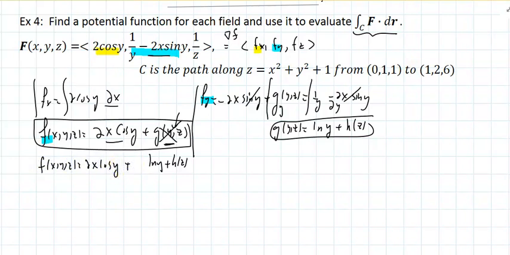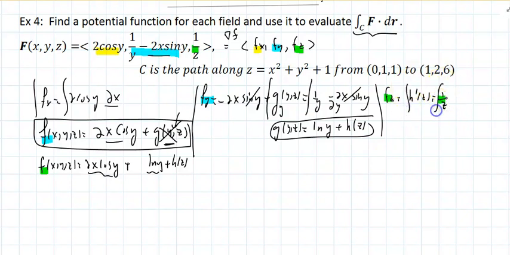And now, if I take the partial of this with respect to z, that's a 0, that is a 0, that's simply h prime of z. That should equal the z component, the k component, I'm sorry.